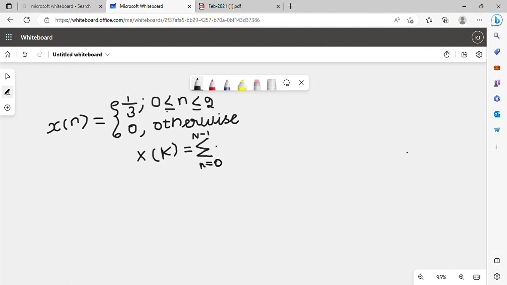N is equal to 0, that is x of n into e to the power of minus j 2 pi kn by n.